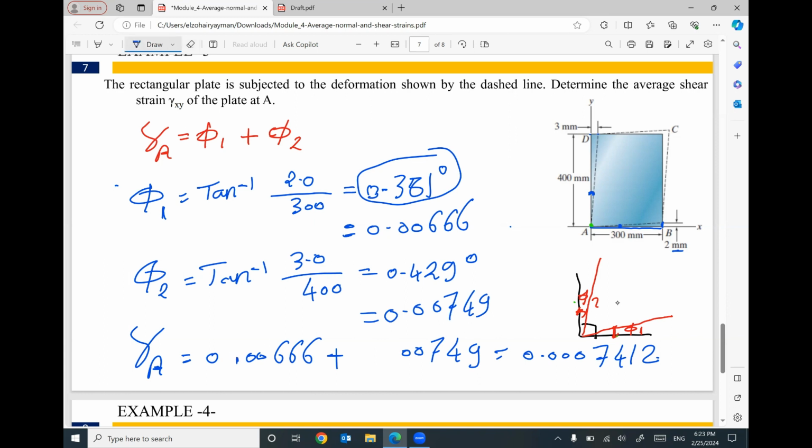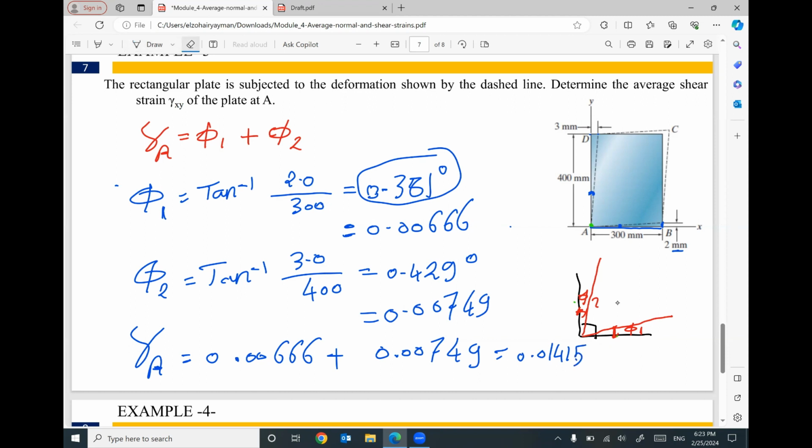So this one will be like this. If you add them together, it will be 0.00666 plus 0.00749. It will be 0.01415.